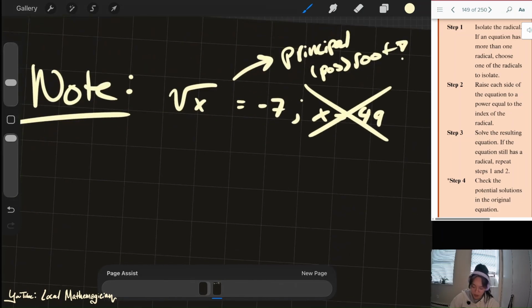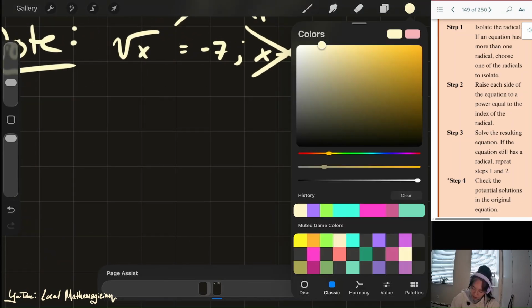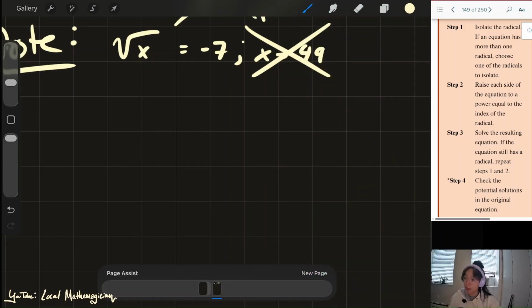Okay? So what I mean by that is, if root something is equal to some number, that number's got to be positive, because when we take the square root, we only take the positive root. Okay?